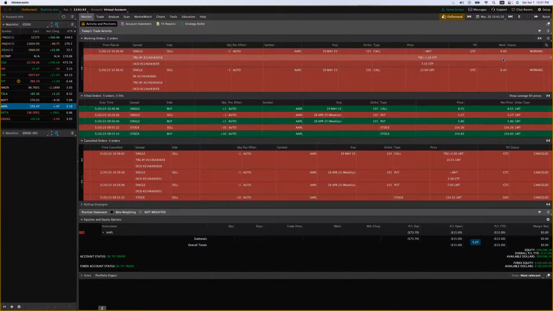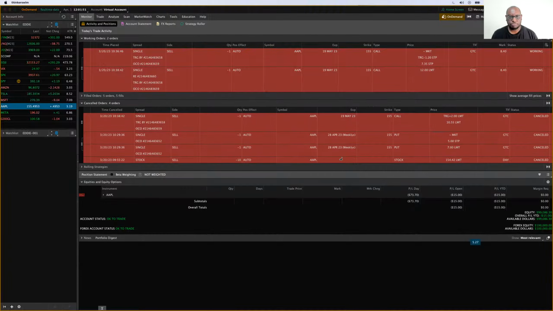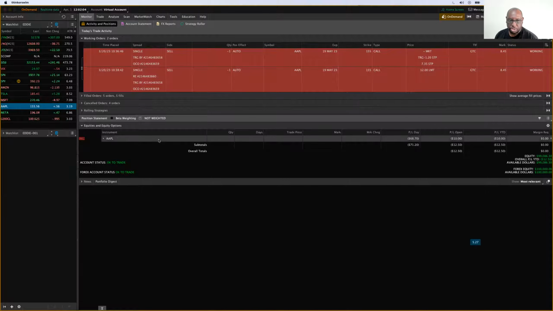So you never go back to the one where the green one, the one that's the filled one. You never go there and click on it? Nope. Don't even look at it. And you don't go to your canceled orders either. The most important screen you want to be on is this working orders and the equities and equity options screen down here to tell you where you are right now. So on that equity screen, can you go there and click to cancel?